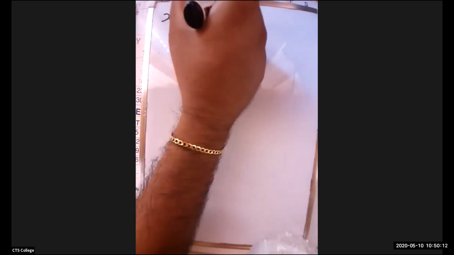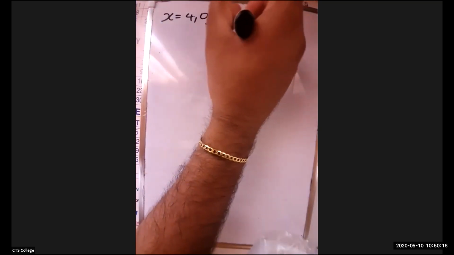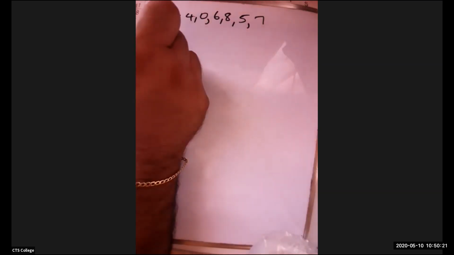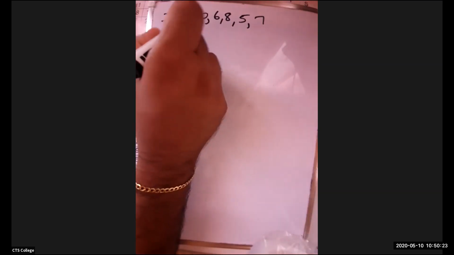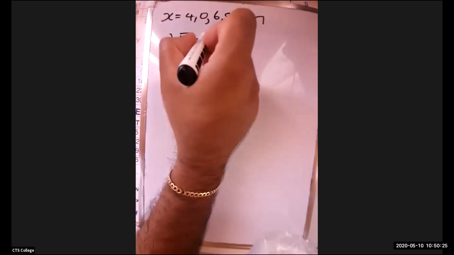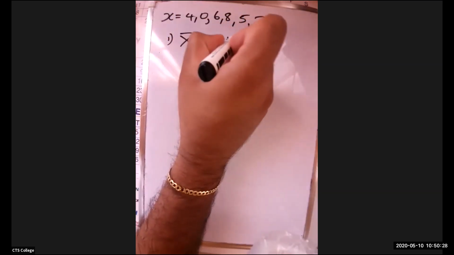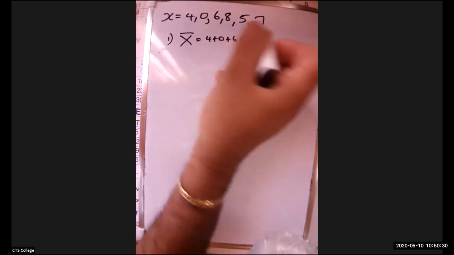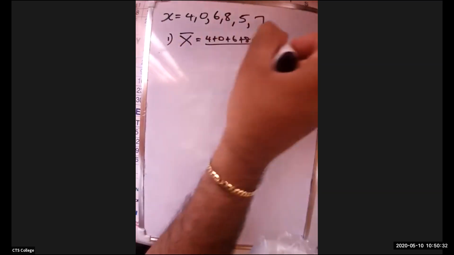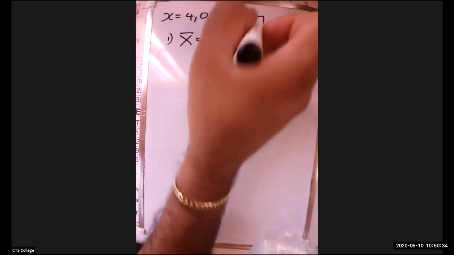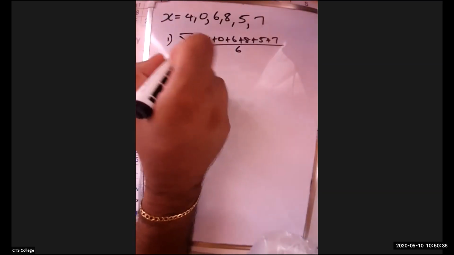So let's say you have a set of scores x, such that x is 4, 0, 6, 8, 5, and 7. The first thing you have to do is find the mean. So x bar, right? How do we find the mean? Remember, it's 4 plus 0 plus 6 plus 8 plus 5 plus 7 divided by the total number of scores, which is 1, 2, 3, 4, 5, 6.